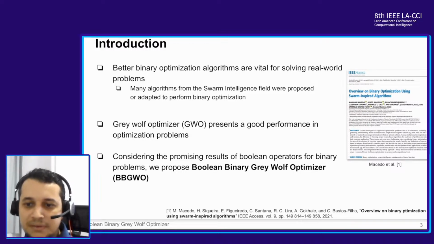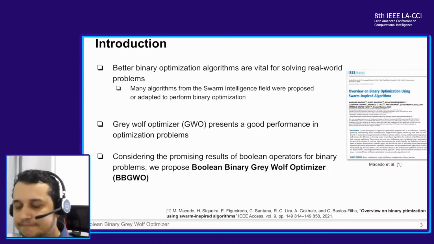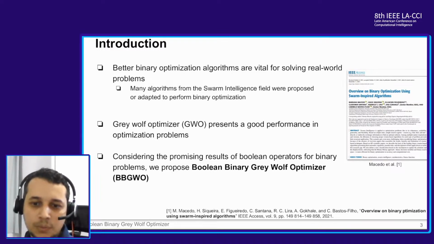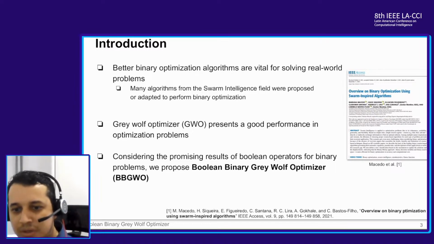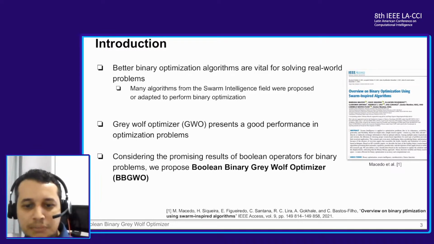Also, the movements in continuous space do not always translate into the binary space. In our research group, we have been investigating Gray Wolf Optimizer, GWO, since 2020. GWO presents a good performance in optimization problems. Considering the promising results of Boolean operations for binary problems, we propose here the Boolean binary Gray Wolf Optimizer, BBGWO.